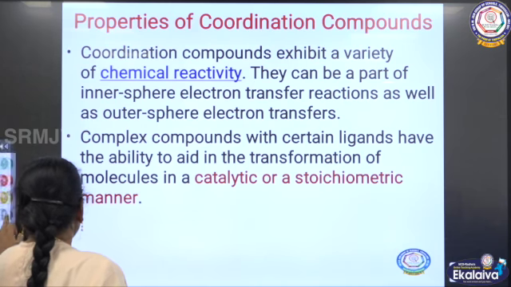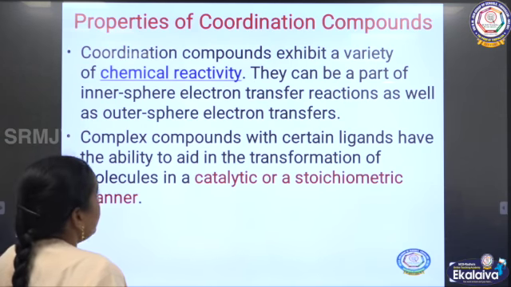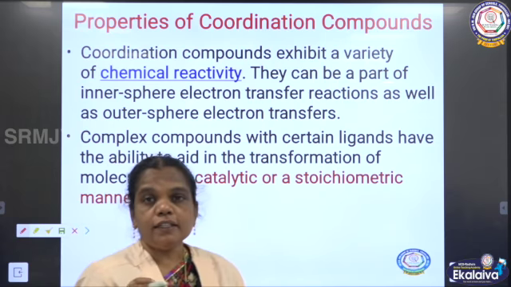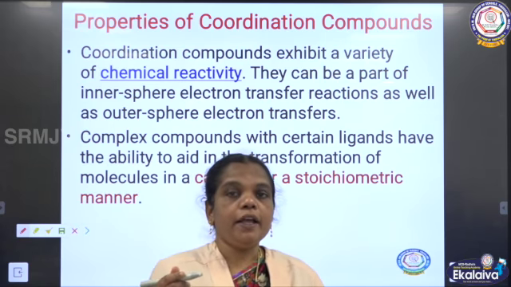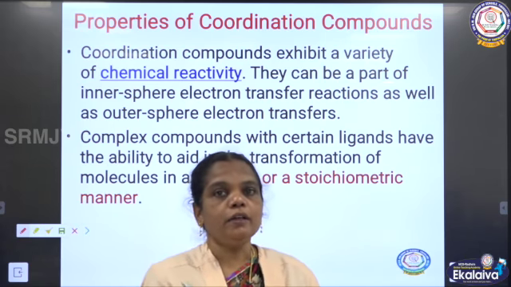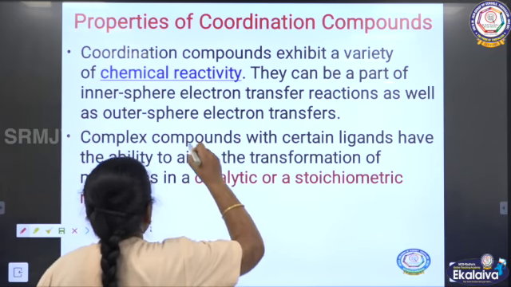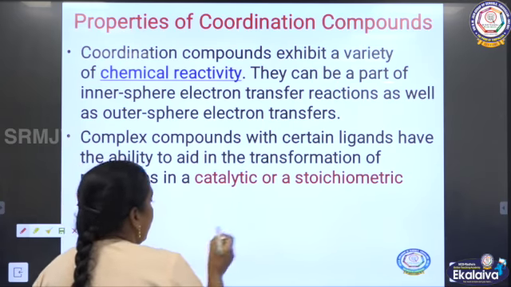And next property, the chemical reactivity. The chemical reactivity is going to be of a variety, because there are two things, unionizable ion and ionizable ion. The electron is going to be transferred, electron transfer by inner sphere and outer sphere.